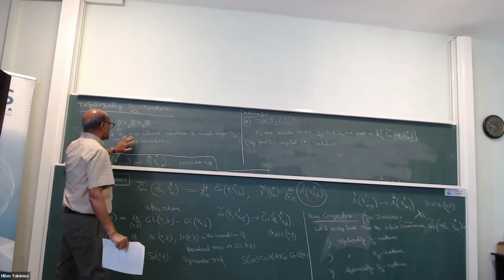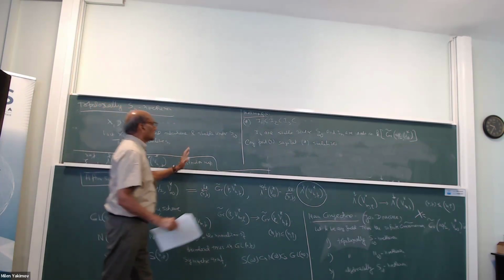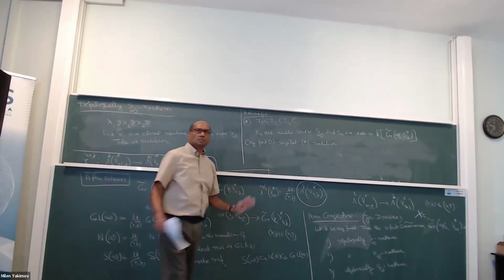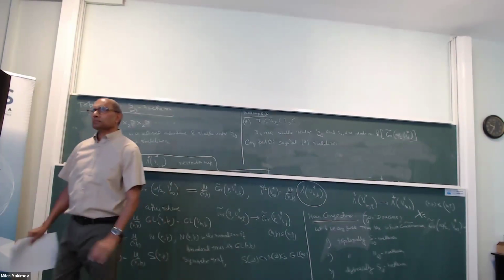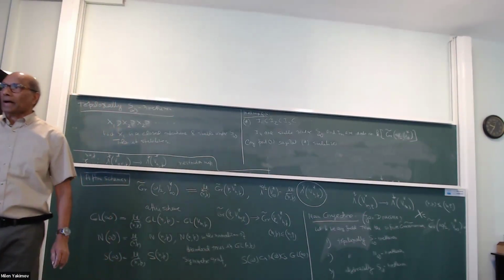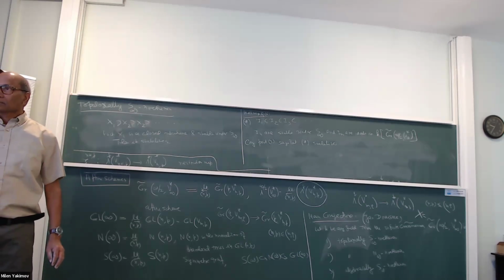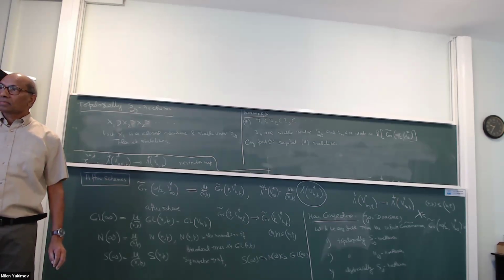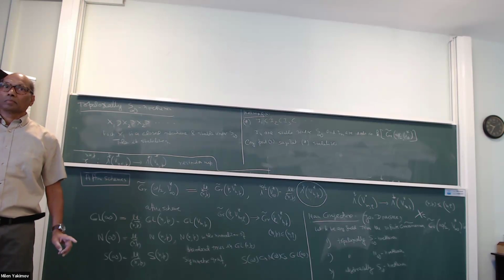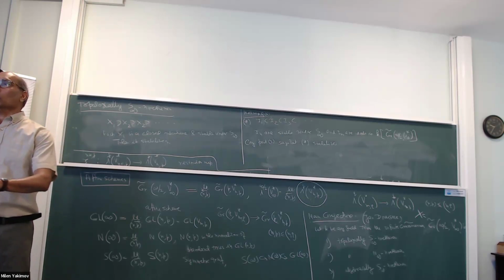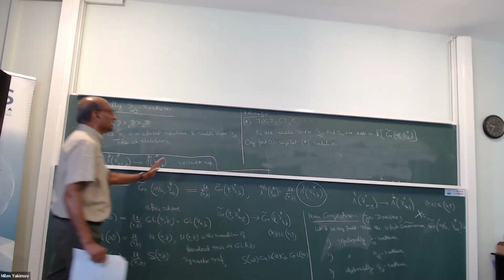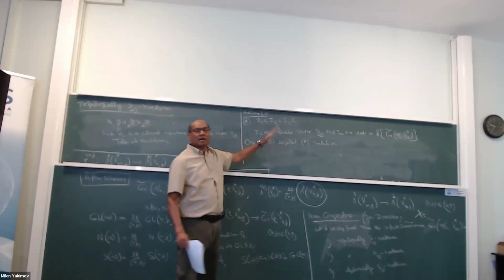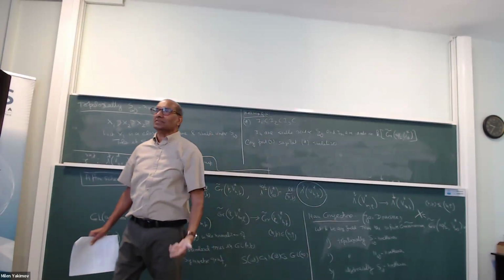Can I just confirm? Saying that S infinity acts is saying that N infinity acts and the centralizer acts trivially. No, I'm not saying trivial. These ideals are stable under the S infinity action.